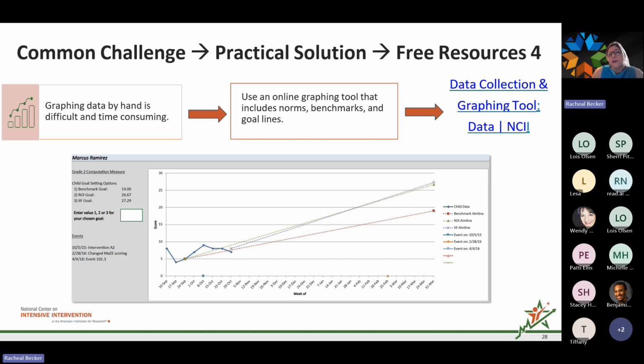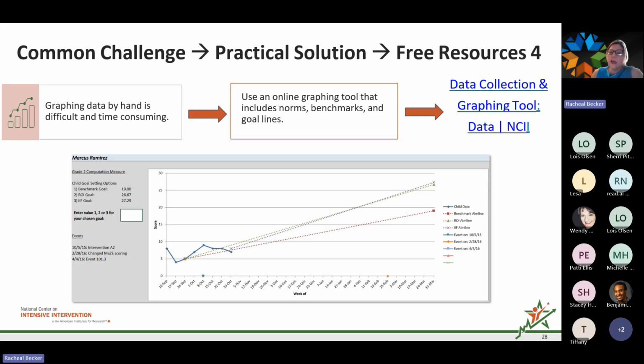So as I mentioned before, a lot of programs have built-in graphing components, and graphing by hand can be very time consuming. And as we all know, time is super limited in schools. So this is a great tool. If you follow this link, it will actually take you to a video where they walk you through the process of how to enter the data and how to determine if you're going to use the benchmark or if you're going to use the student's rate of improvement.